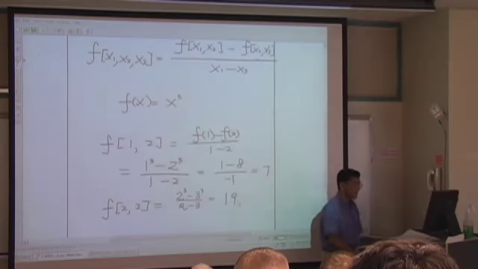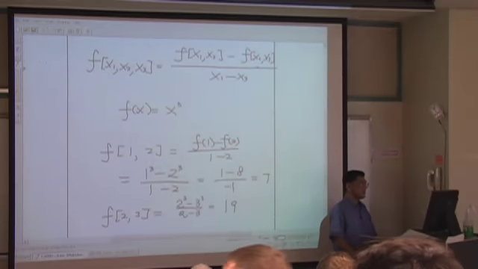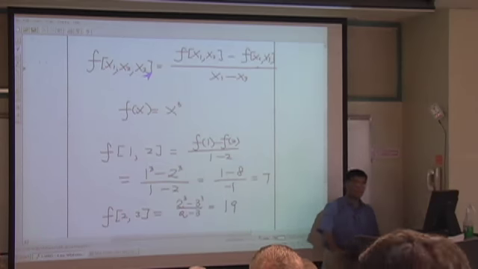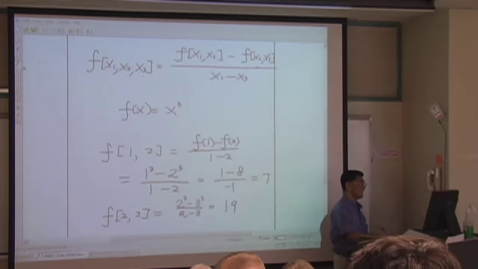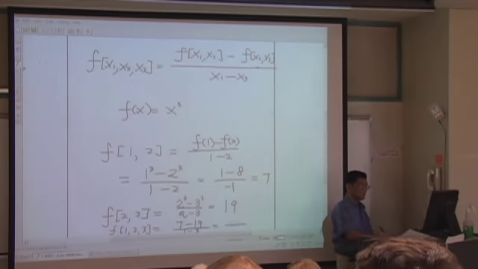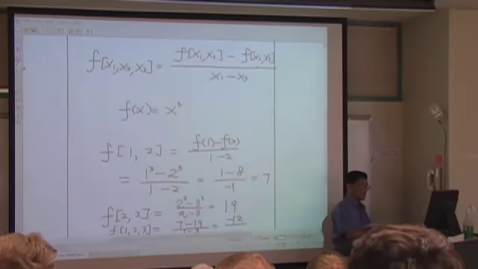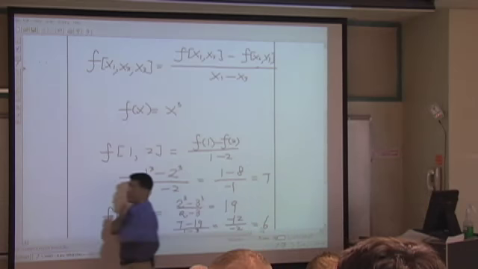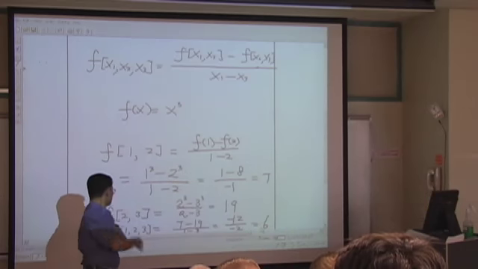So f of 2, 3 can be found. Then the next challenge is finding this. So please find f of 1, 2, 3. By definition, f of 1, 2 minus f of 2, 3 over 1 minus 3. I just follow the definition. Then this gives us 12 over 2, so it is 6. So you can find the divided differences using the definitions.